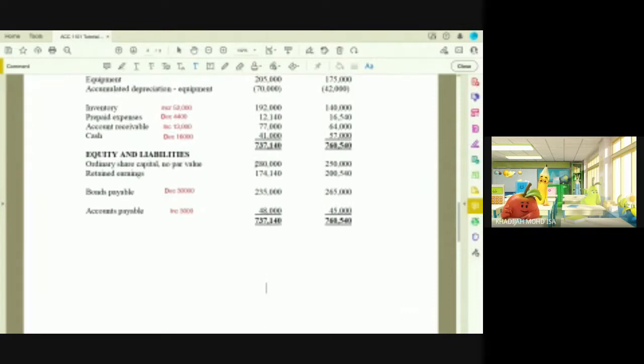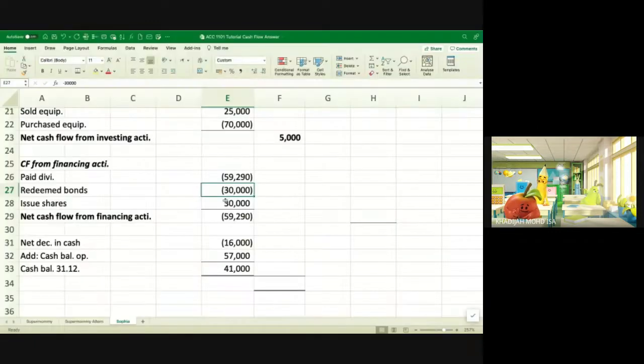So there's an increase of 30,000, right? If you issue shares, you receive cash, so that's a cash inflow. That's how you have plus 30,000. From here, you see that the changes from financing activities is 59,290.